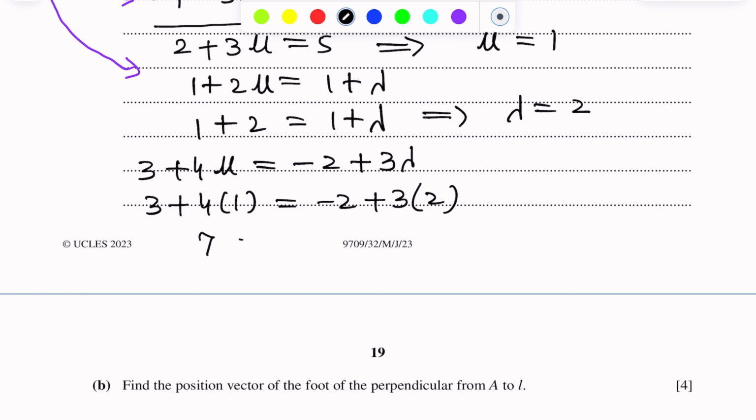Left side is 7, right side is 4. These values are not equal, so we can say that the lines do not intersect.